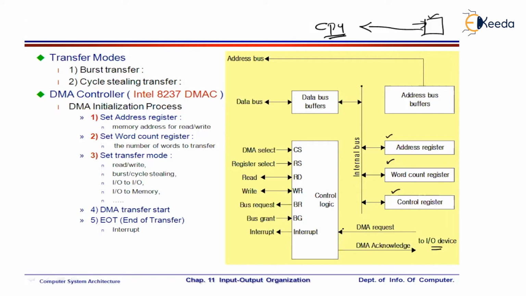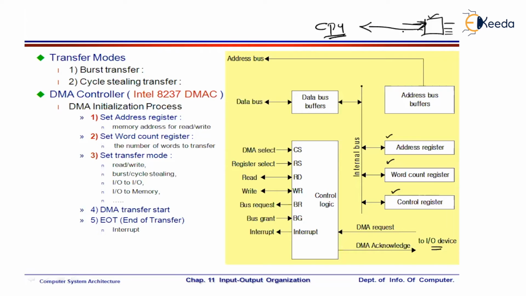So, DMA request has been sent and bus request has been sent. The moment CPU receives this bus request, first of all, CPU will arrange all the necessary things for this transfer, and then it is going to release the buses. So what are the necessary things that are needed to be done by the CPU?